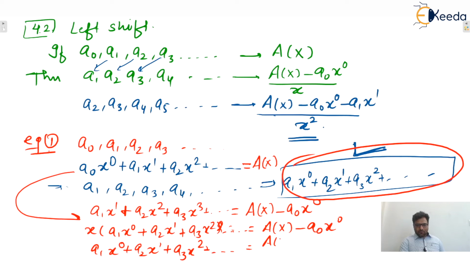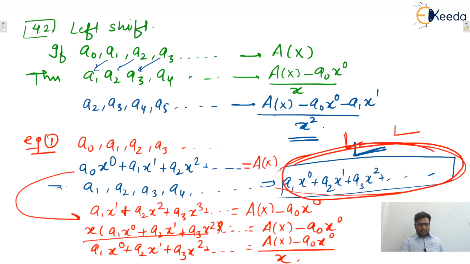That becomes A(x) minus a naught x^0, divided by x only. This one, which I circle marked, was the required generating function, and its value is this one, which I have written in the properties. I hope this one is clear to everyone.